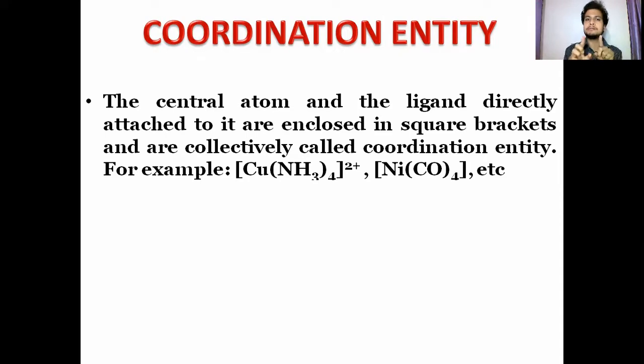Together, the metal and ligands enclosed in the brackets are collectively called the coordination entity. For example, [Cu(NH3)4]. Whatever is written in brackets is the coordination entity. In Ni(CO)4, carbon monoxide is forming a coordinate covalent bond with nickel. That is nothing but a coordination entity.